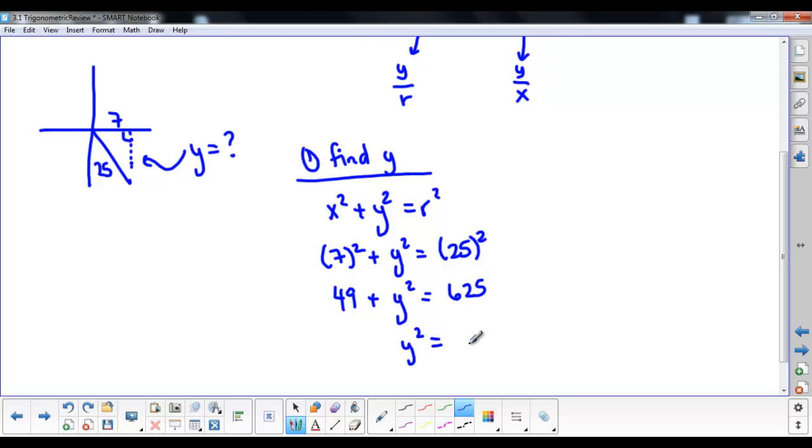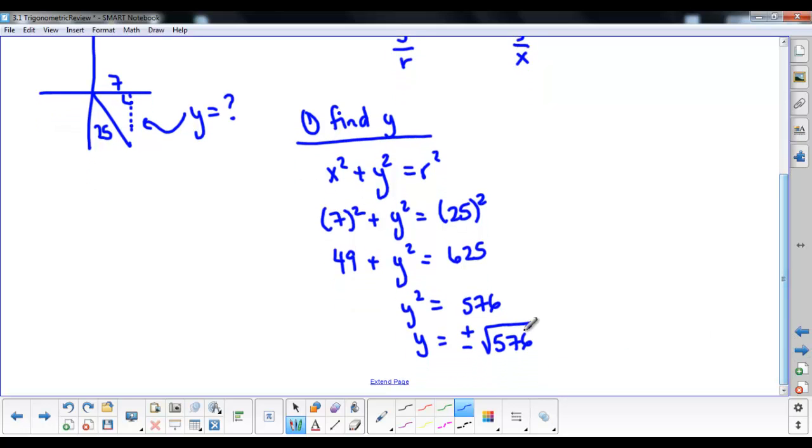We'll move the 49 over, so 625 minus 49. And if we square root that, now remember y can be negative here, so doing the positive or the negative values of the square root is important. So we end up with y could be either positive or negative 24.